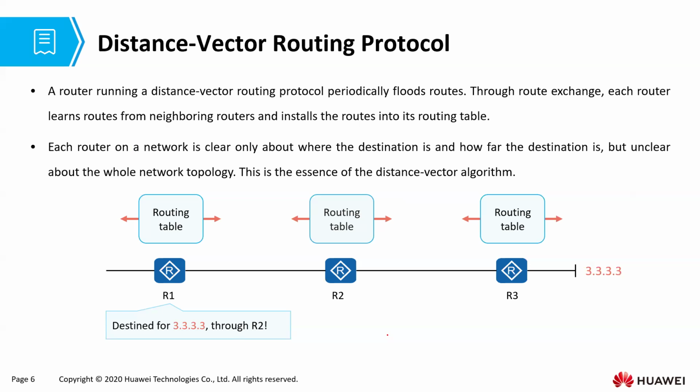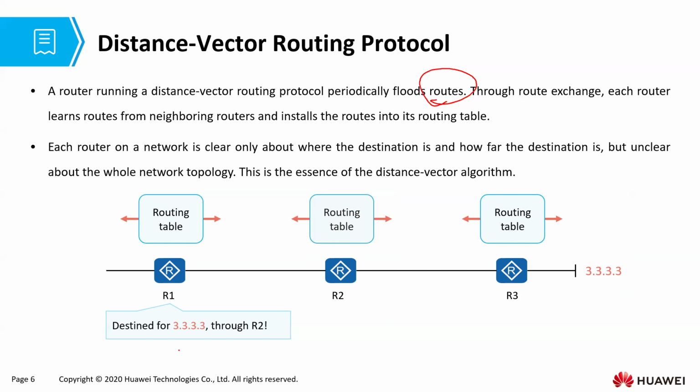Okay, and there we have a distance vector routing protocol. A router running a distance vector routing protocol periodically floods routes. Through route exchange, each router learns routes from neighboring routers and stores the routes in the routing table. So basically with this one, what you have is where and how far and in which direction a route is.